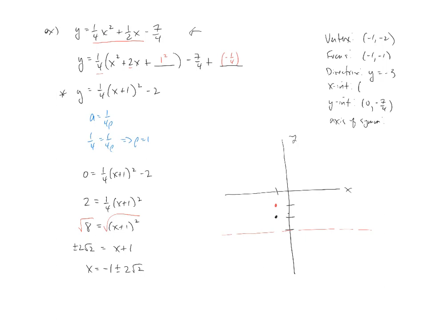So as points, we have (-1 ± 2√2, 0), which puts our intercepts somewhere like this. And then I'll come over the other direction, and my other intercept will be right there. So there's our graph. The last thing that we'll fill in now would be the axis of symmetry.